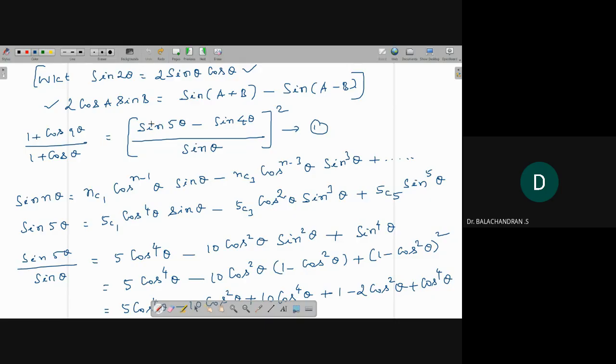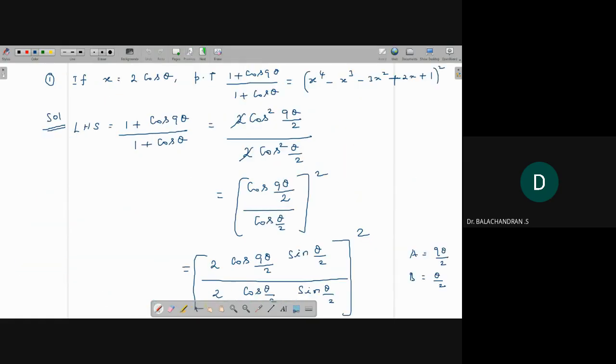If you write the numerator, then you should write at the same time sine 5 theta expansion and sine 4 theta expansion. It's a little bit lengthier, so there may be a chance you will make some mistakes. That's why I split it like this. If you are convenient with doing the numerator separately, then you can do it. And one more thing I want to tell.